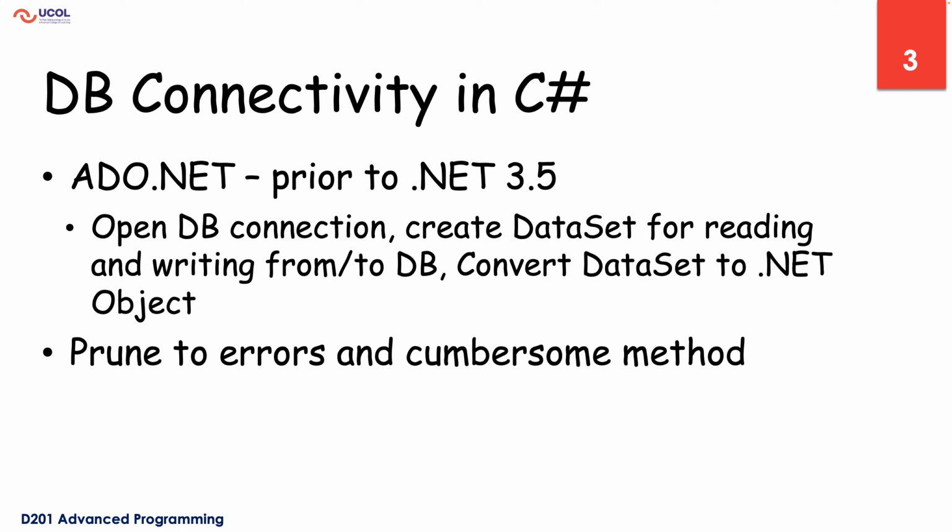So we open a database connection, create datasets for reading and writing from or to the database, and convert data to .NET objects. All these things you need to do: write the connection string, provide the user information and security, and write the SQL queries within your program so that you can communicate with certain tables within the database, bring that information back, and update this information in the database table, and so on.